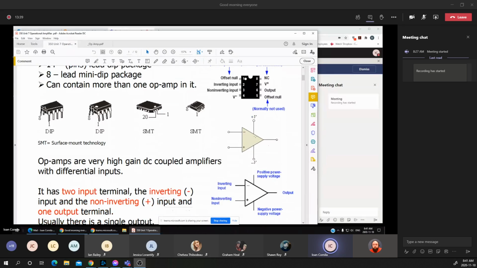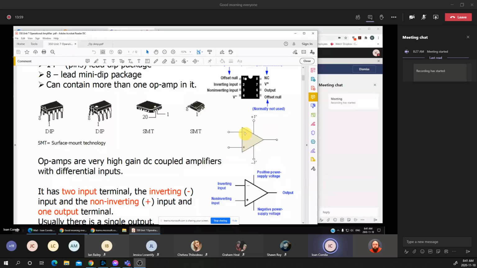Now, the symbol: you notice that the symbol of the op amp is a triangular shape. And in order to differentiate the two inputs, one input is labeled with negative and the other input is labeled with positive.